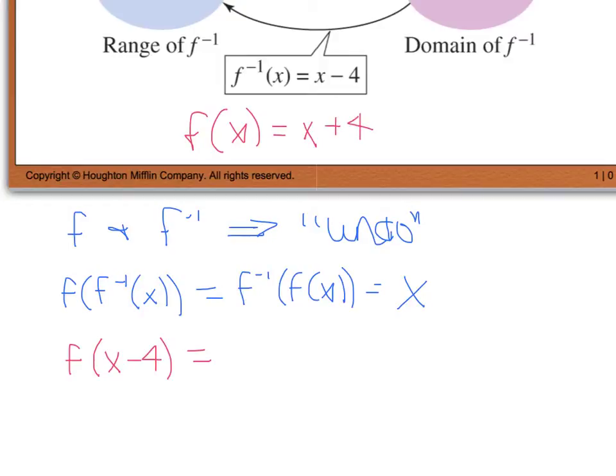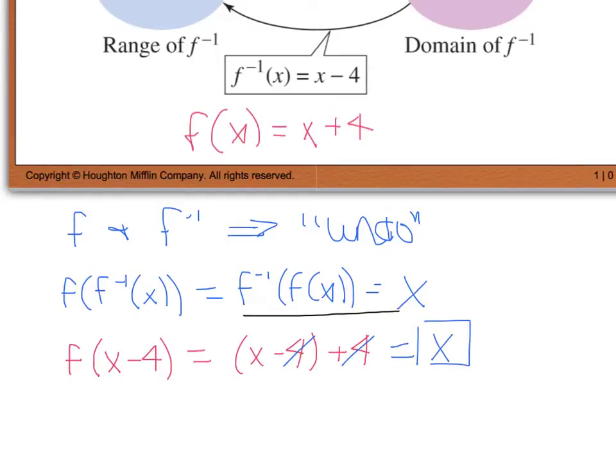You just can't see that right now. So if I take x minus 4 and plug it in for this x here, we end up with x minus 4 plus 4. Our -4 and +4 are going to cancel and leave us with x.